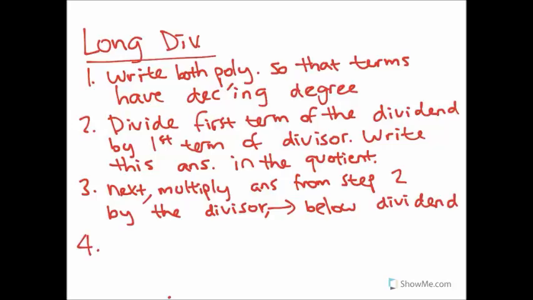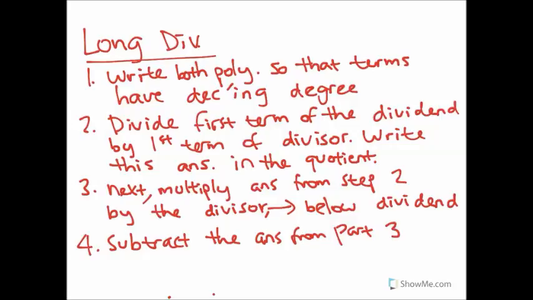Finally, subtract the answer from part 3 from the dividend to get a new polynomial. And then you can repeat these steps as many times as necessary until your answer is either a constant term or a 0.